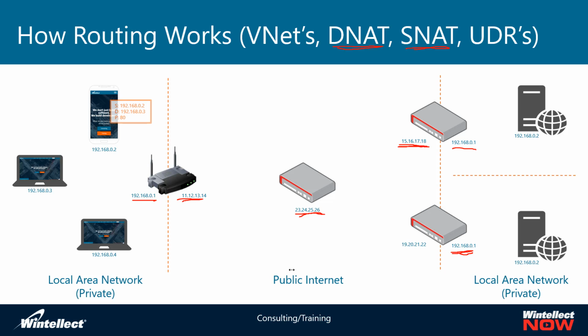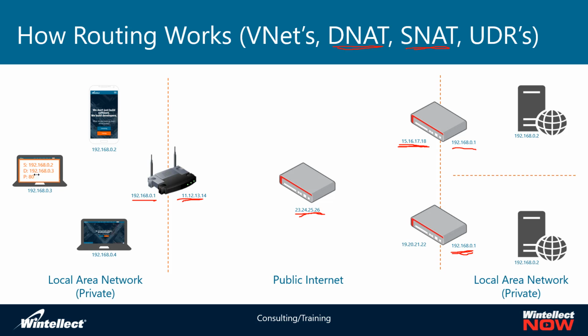So let's say that my phone raises a request and it has a source IP address of 192.168.0.2 and a destination of 192.168.0.3. Well, what's going to happen is it's going to end up going through my router. It's not even going to get routed really. It's just connecting to the switch that's baked into this router and getting sent directly to this host over here, which is 192.168.0.3.